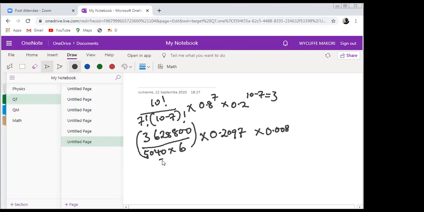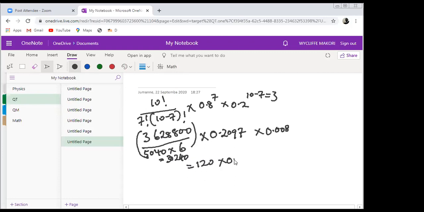Get for me, first of all, the answer for 5,040 times 6. What do you get? 30,240. Yeah? Okay, then divide this by 720, which is 7 factorial times... 120. Yes, 120.